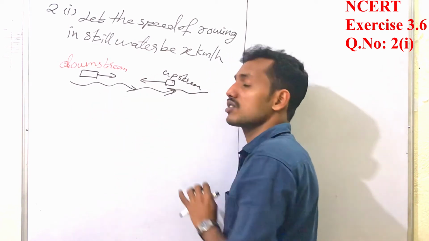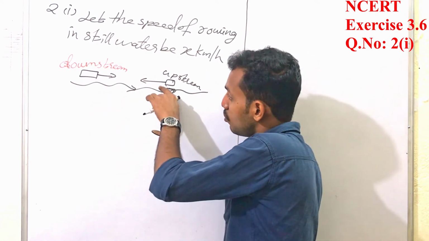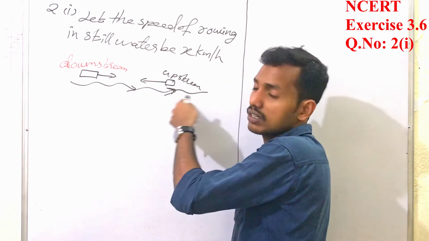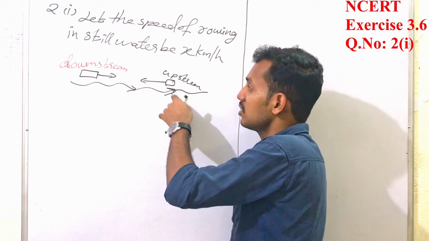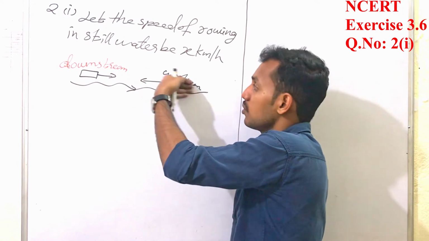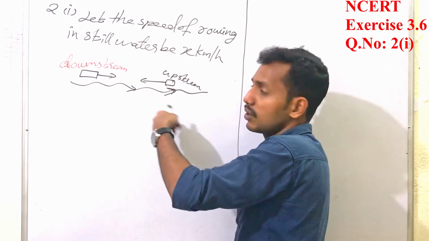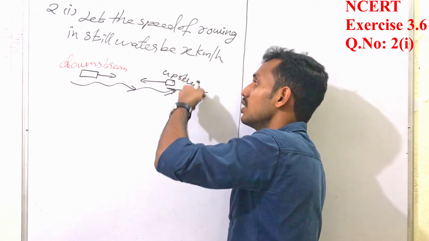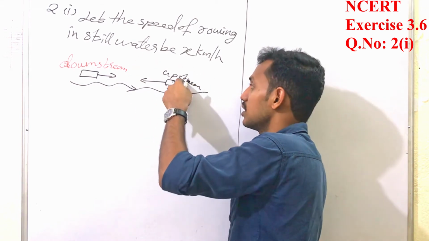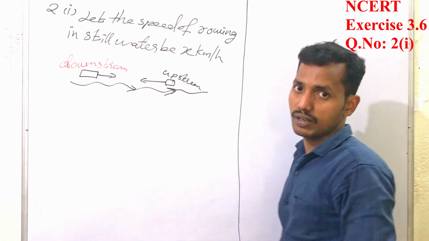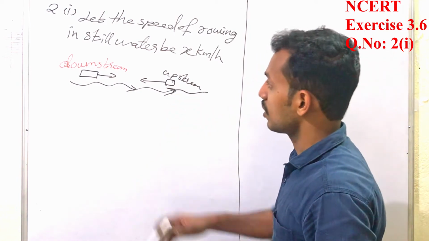While in case of upstream, it is moving in the opposite direction of the stream, so there will be a drag opposite to the motion. Because of that, the net speed will decrease; it will be the difference of their individual speeds. So this is the concept of downstream and upstream.